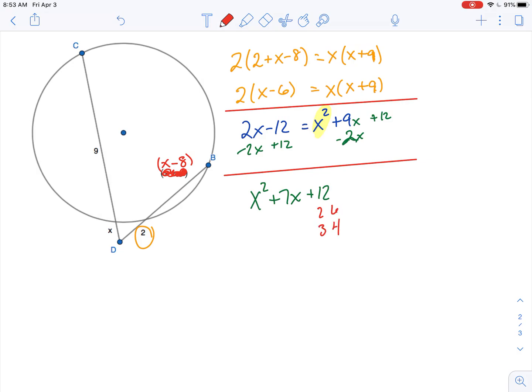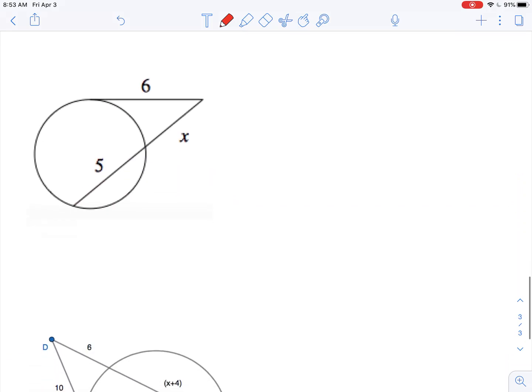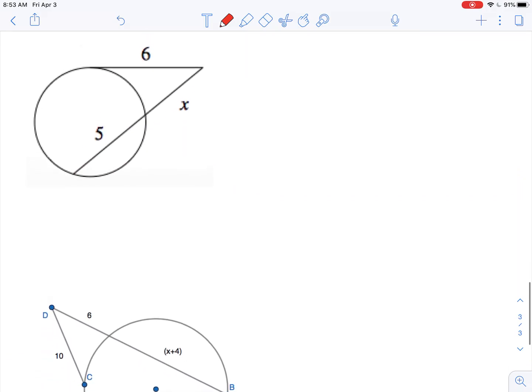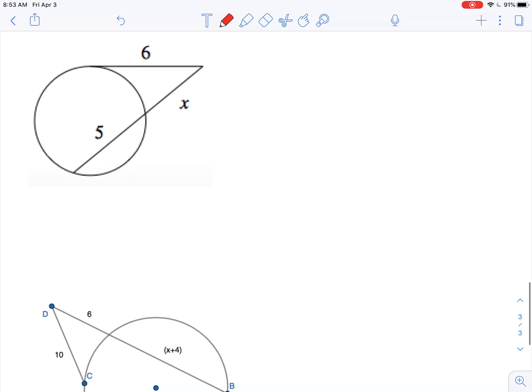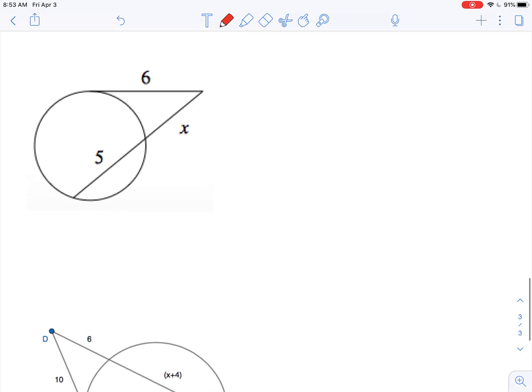And again, I want to find the factors of 12 that add to 7. So 2 and 6 doesn't work. 3 and 4 does. If I want positive 7, then I want positive 3 and positive 4. So x plus 3 and x plus 4.